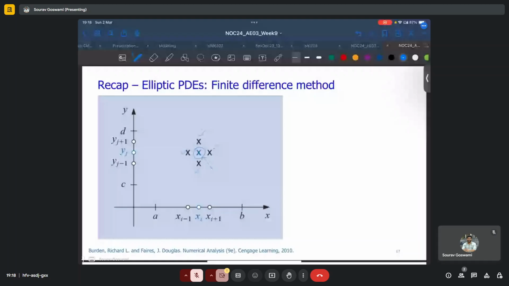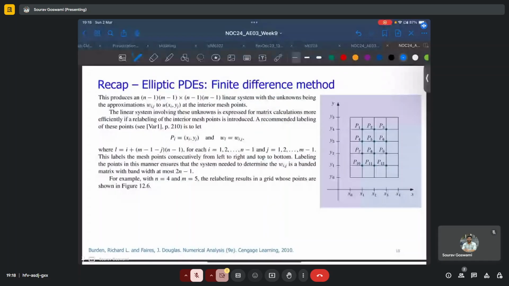And formulating our problem in this way produces an (n−1)(m−1) cross (n−1)(m−1) linear system. What we're solving for is an approximation w_ij to the exact solution u at (x_i, y_j) at the interior mesh points.